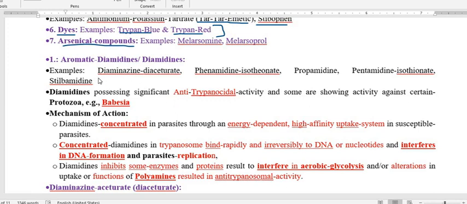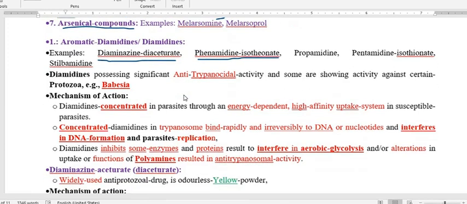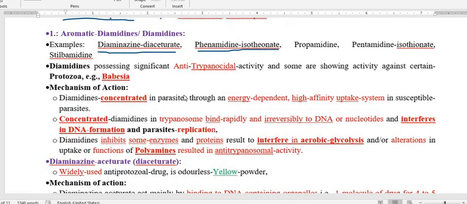So first is the aromatic diamidines. Under the aromatic diamidines, the most usable drug is diaminazine diaceturate. Also, we are using phenamidine isothianate, but first we have to discuss diaminazine diaceturate.